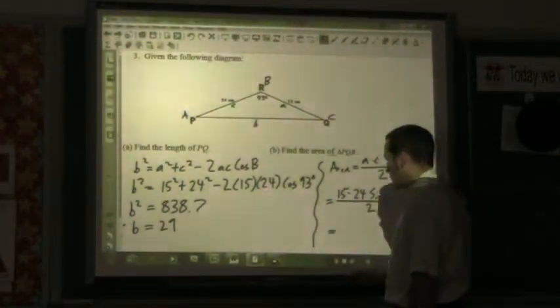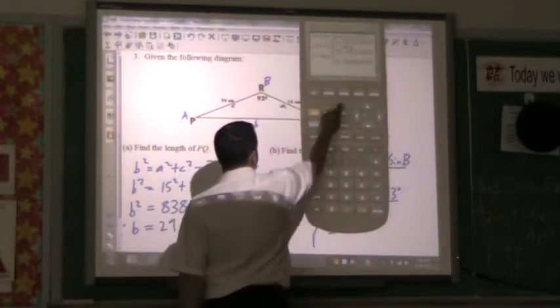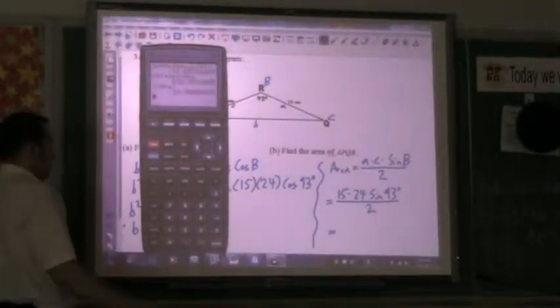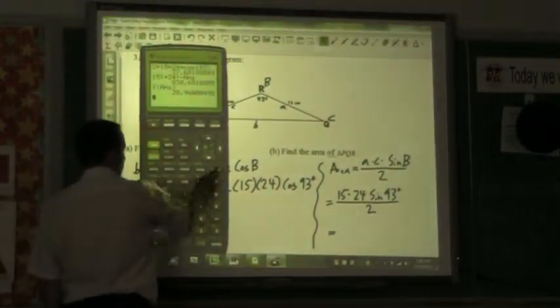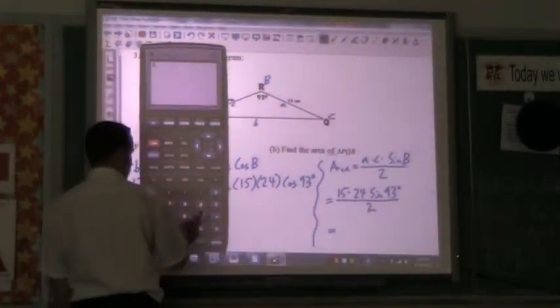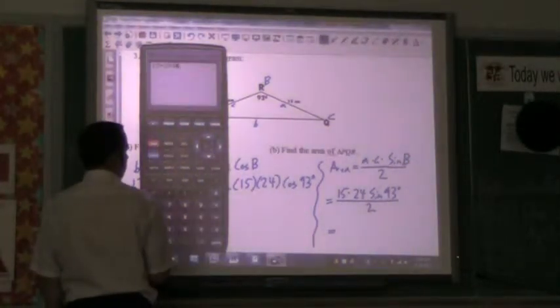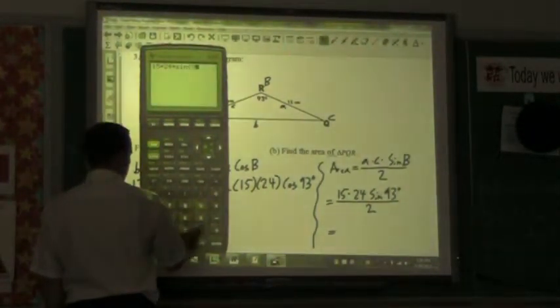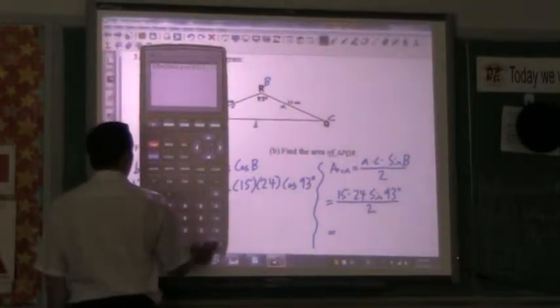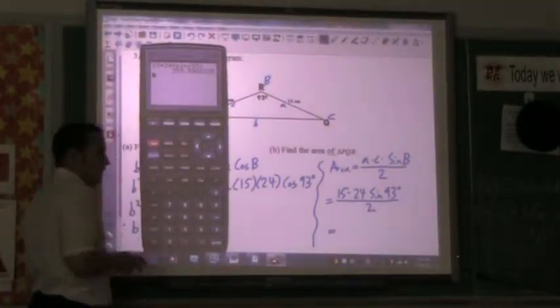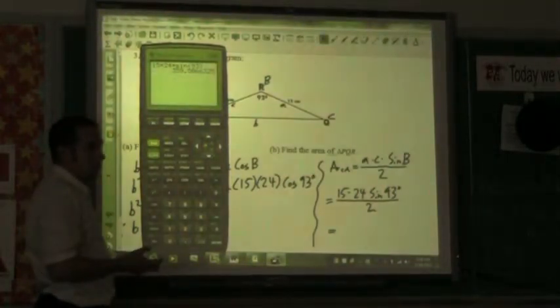Plug that in your calculator. So when I do that, it's 15 times 24 times sine of 93, enter. Notice I do this and I don't go divide by 2 on the very end. The calculator doesn't know order of operations.